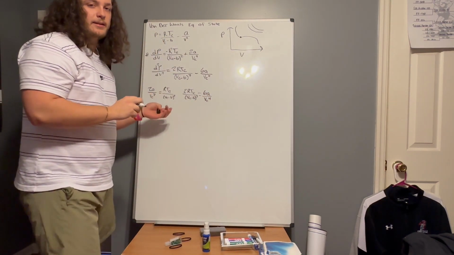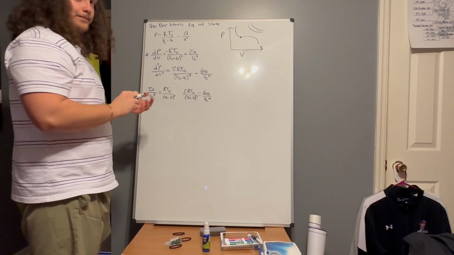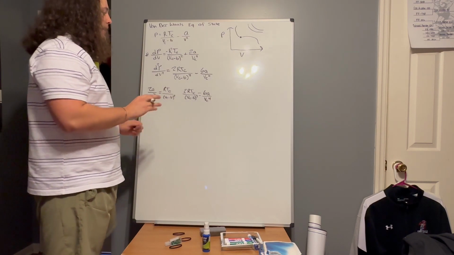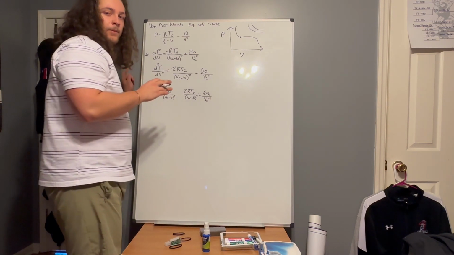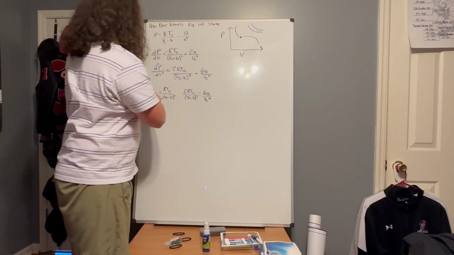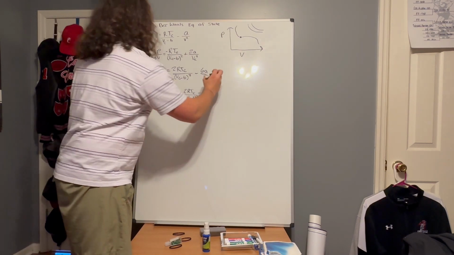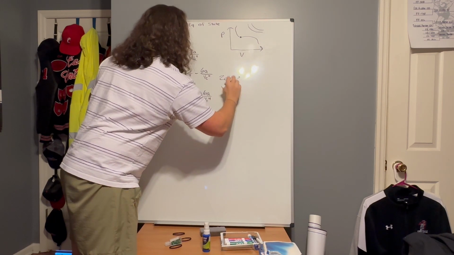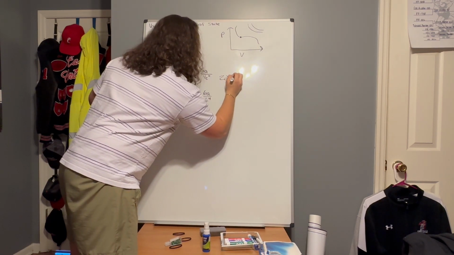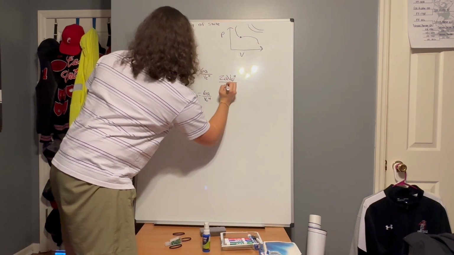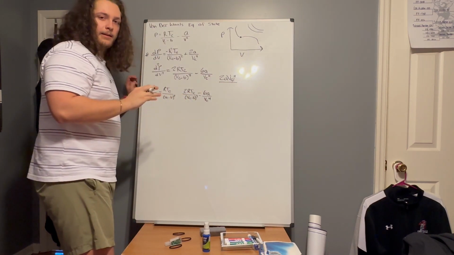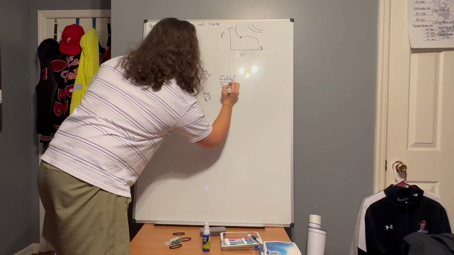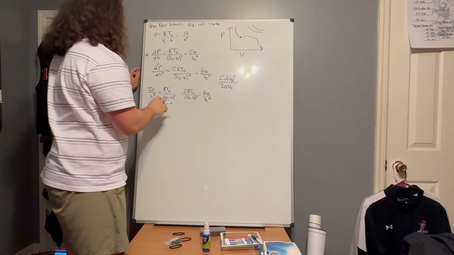Once we get to this step, we can multiply the first derivative by the inverse of the second derivative, which gives us 2a VC to the 4th divided by 3a VC.